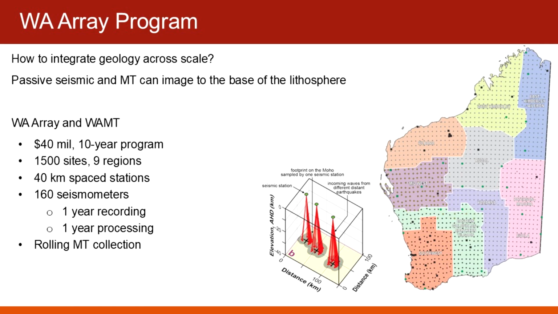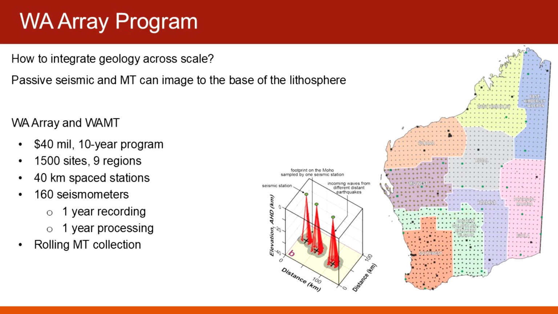So if that's the case, we end up with 1,500 sites that we've got to deploy at. And you can't buy 1,500 seismometers and deploy them across the state in one go. So really the program is a rolling program of about 150 to 160 seismometers deployed each year. The passive seismometers sit in the ground and collect data for a year.